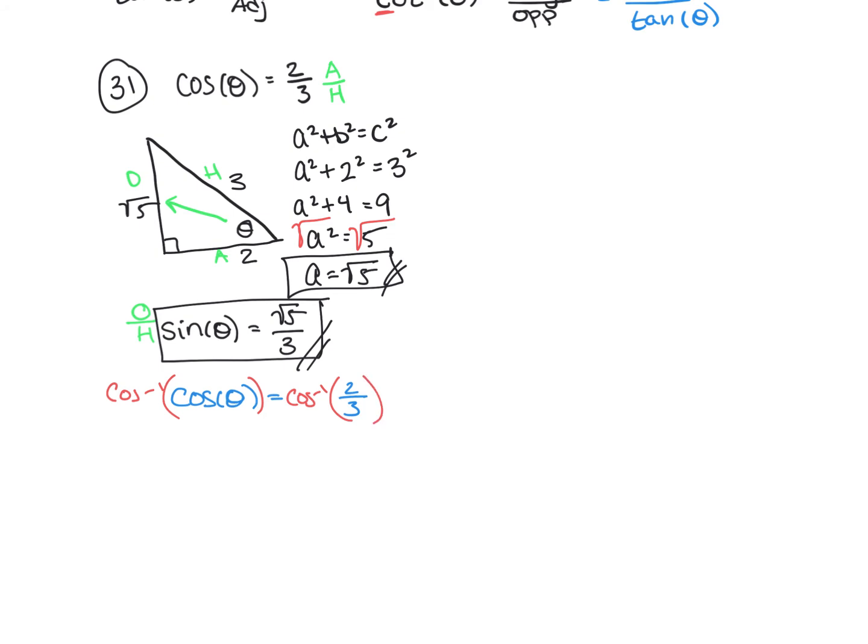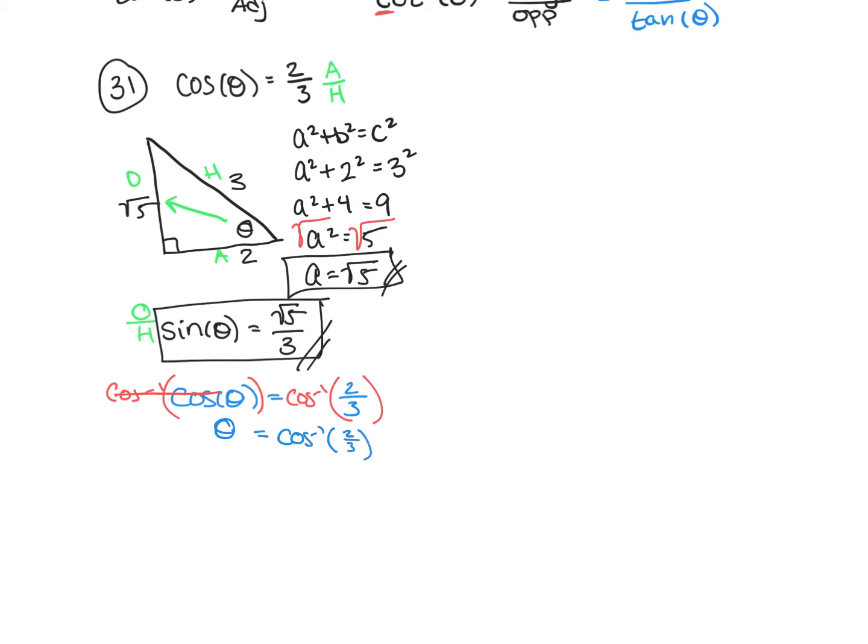You don't have to do this every time, I'm just doing it for this first example. Since we have cosine and cosine inverse, it's kind of like multiplying and dividing. They cancel each other out. So we're just left with theta is equal to cosine inverse of 2/3.